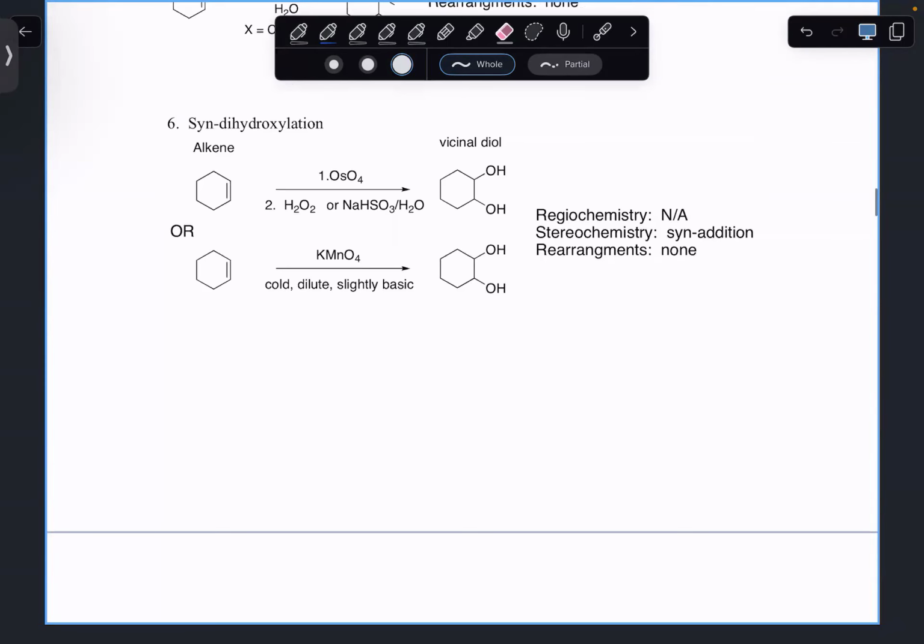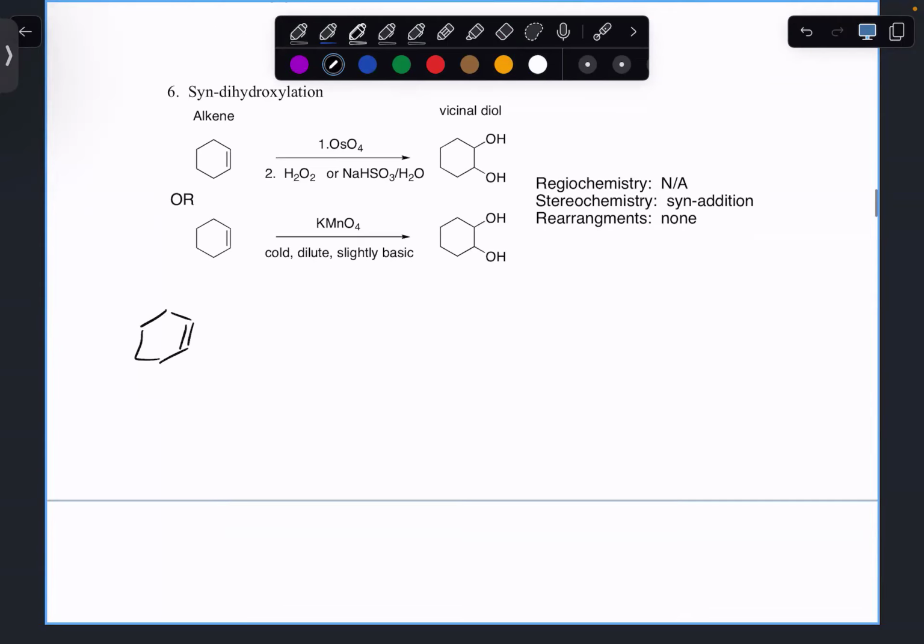Now, there is a couple of ways you can do this. You can do this with either potassium permanganate, which you've probably heard of before.